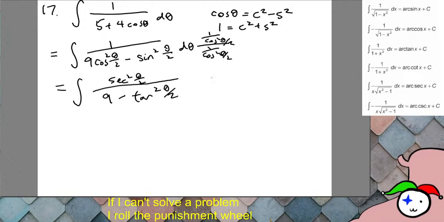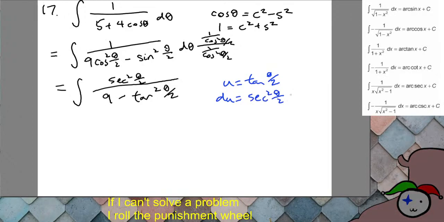No, we can use u equals tan of theta over 2, du is secant squared of half d theta.